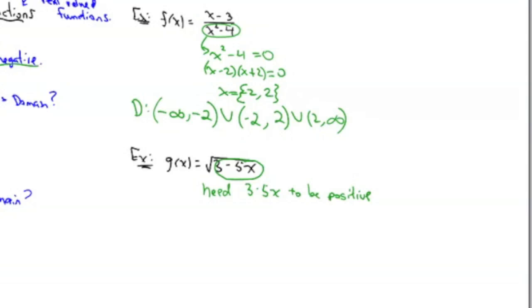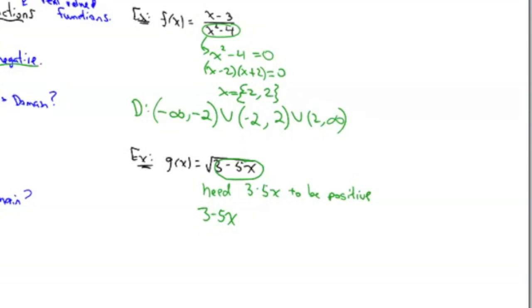I know what you're saying. You're saying if I choose x to be negative numbers, this is guaranteed to be positive. But there are other numbers that actually make it positive that aren't negative. So when you say 3 minus 5x has to be positive, what does that mean in inequality language? You would write 3 minus 5x. How do you make something positive? What does it have to be bigger than?